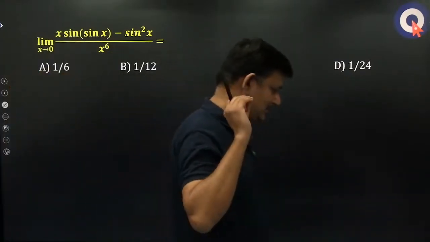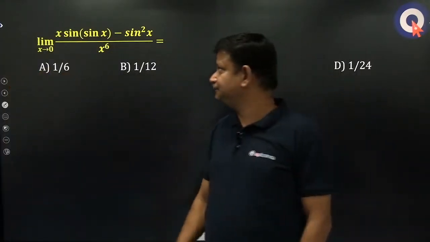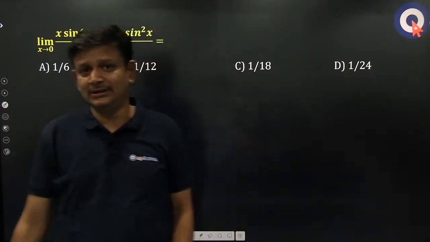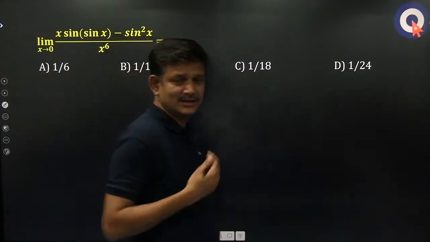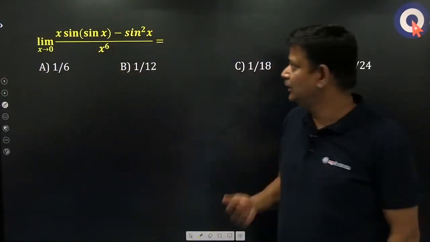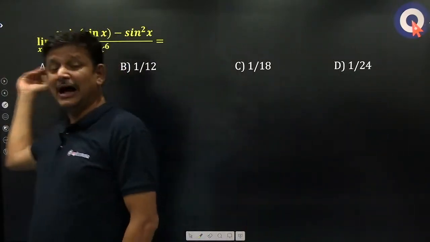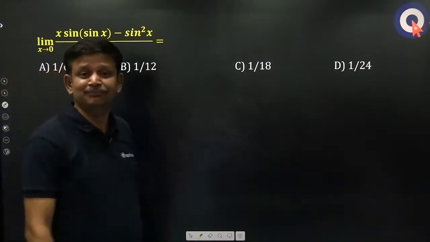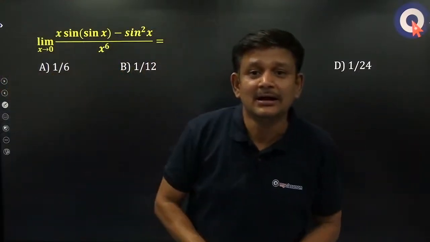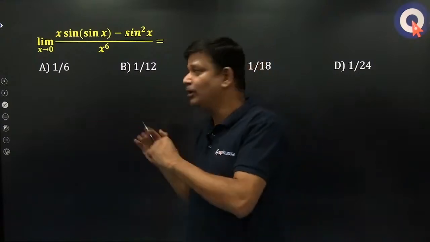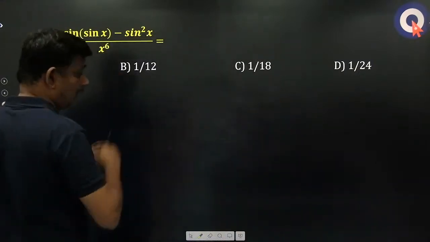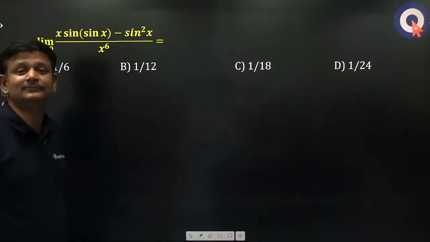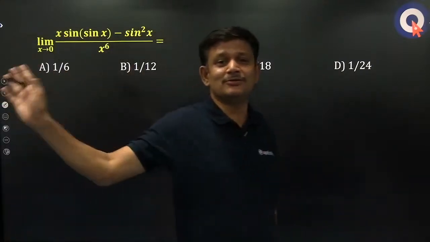Now which method do you suggest me to use here? Shall I go with basic formulae? Very difficult, because sine of sin x is not that easy, and again there is a combination of algebraic and trigonometric. So it is not very comfortable to use your basic standard formulae. Shall I go for L'Hopital rule, or El Hospital as many of you call it?